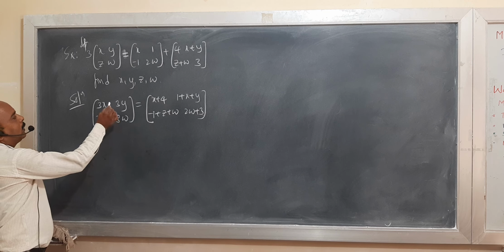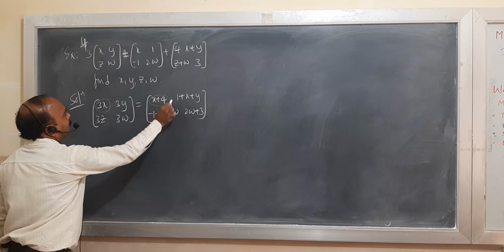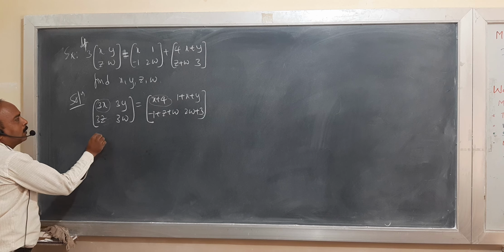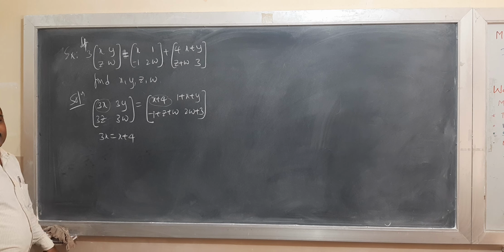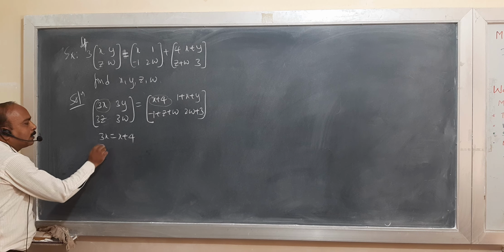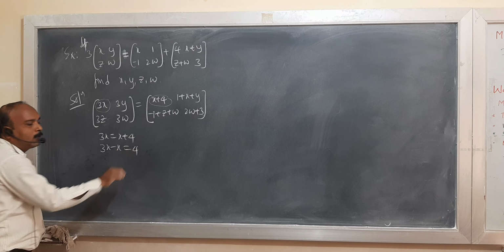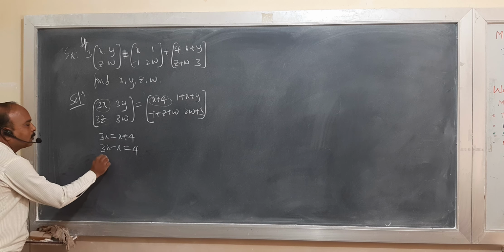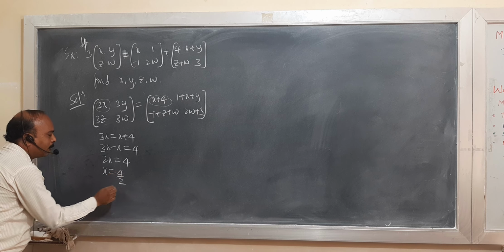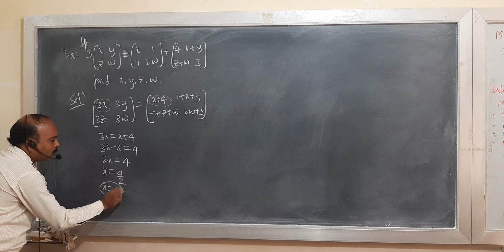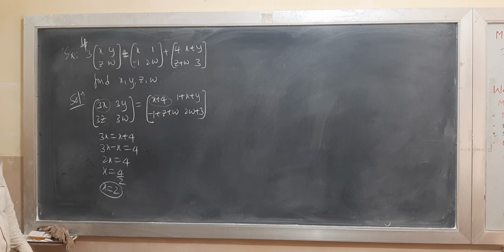Now first we equate first element equal to first element, a11 equal to a11, 3x equal to x plus 4. Then we get one value of x. Then 3x minus x equal to 4. 3x minus x is 2x equal to 4, x equal to 4 by 2, x equal to 2. We got the first value of x.